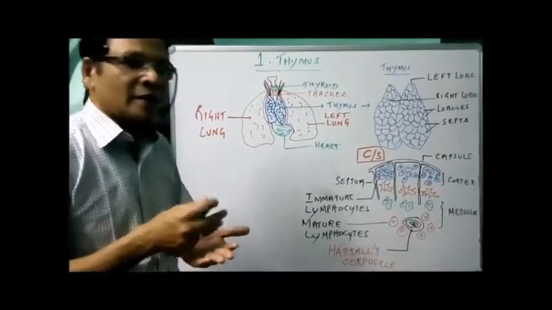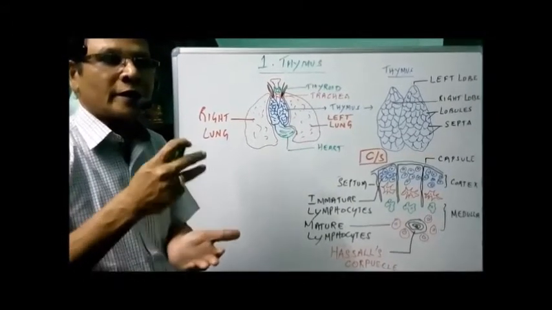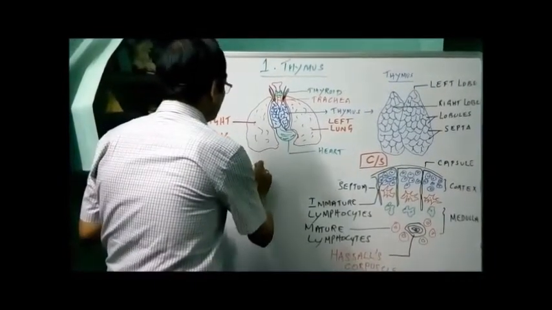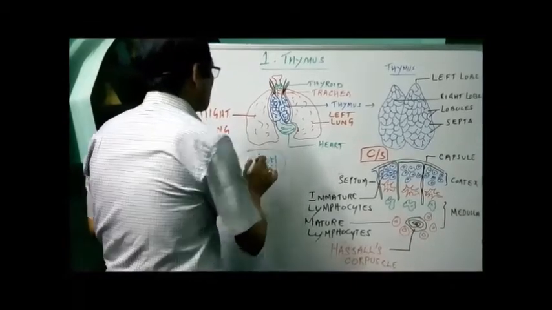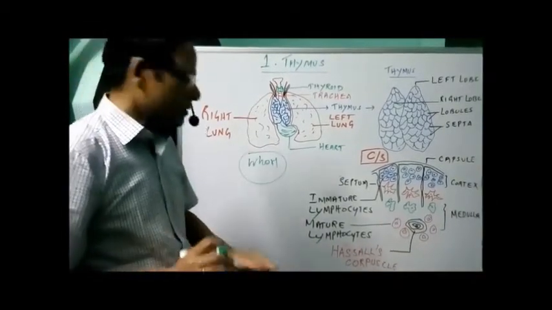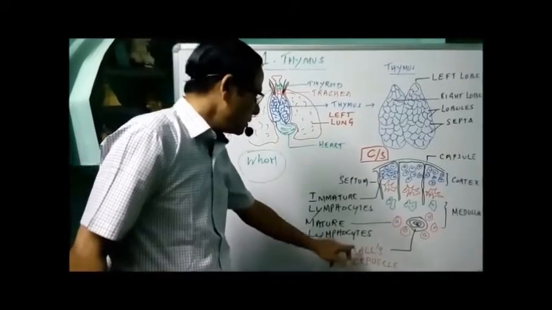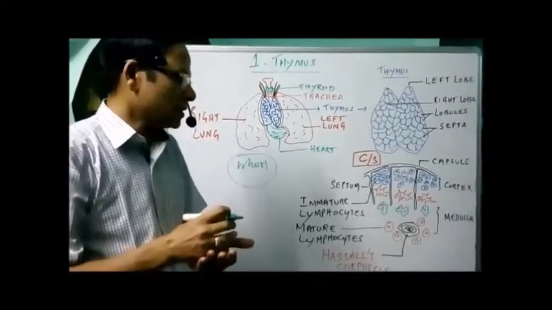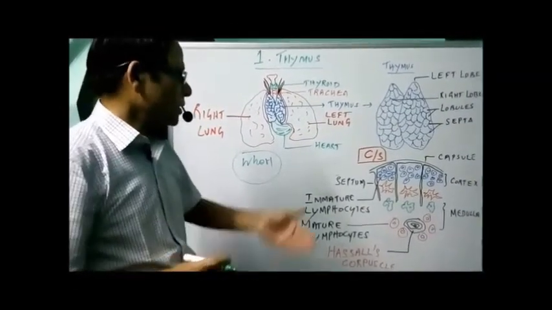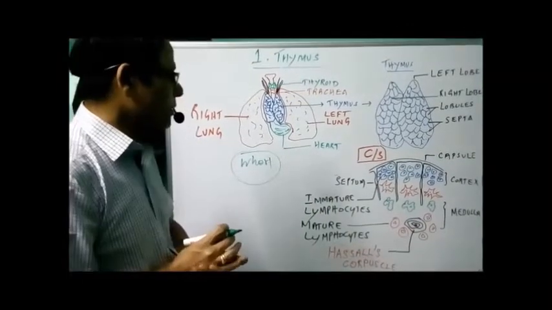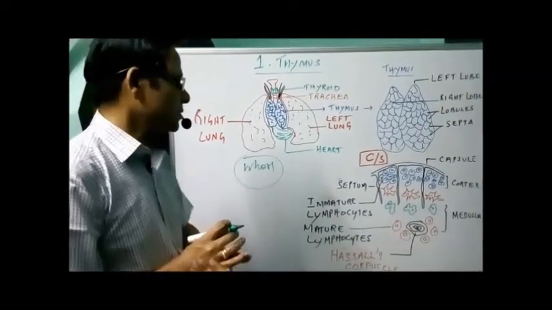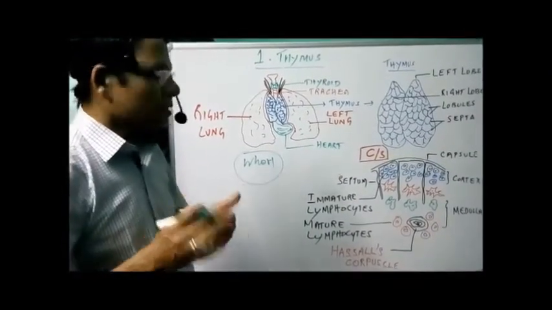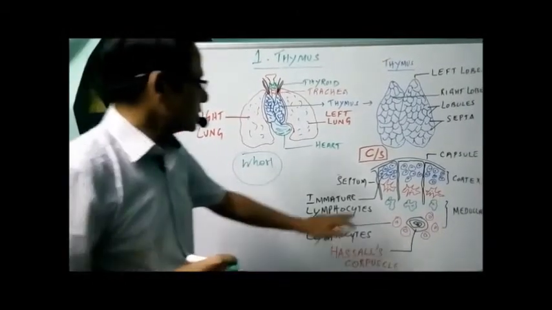Some of the epithelial cells get aggregated in a whorl-like arrangement, one above the other in different layers like a pile of coins. Such an aggregation is called Hassall's corpuscle. So in the medulla we have sparsely populated mature lymphocytes, and also epithelial cells of different types. We also have some cells looking like nerve cells, called dendritic cells.